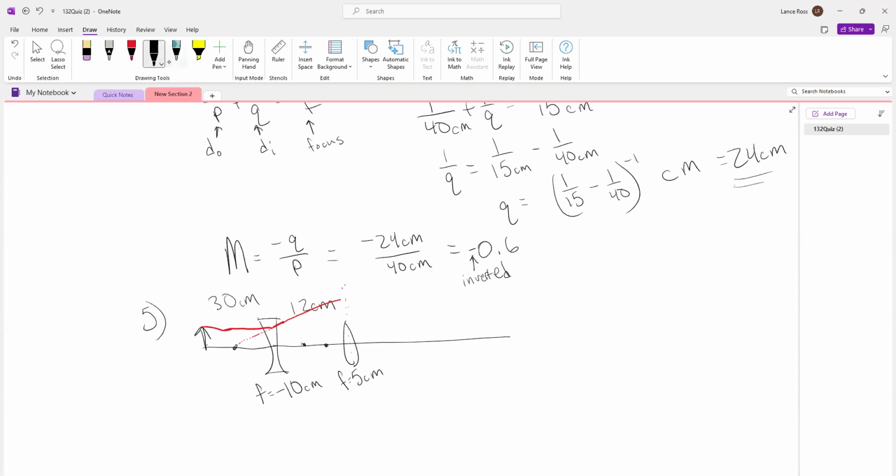Let's fix that. All right, if this is 12 centimeters, 10 centimeters is about there.